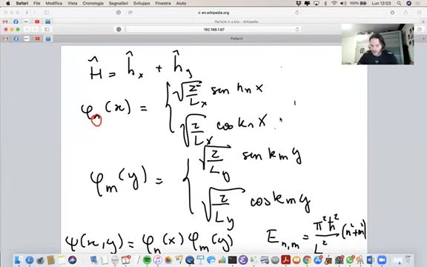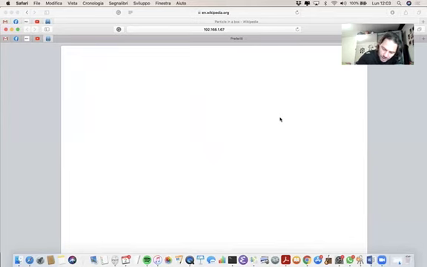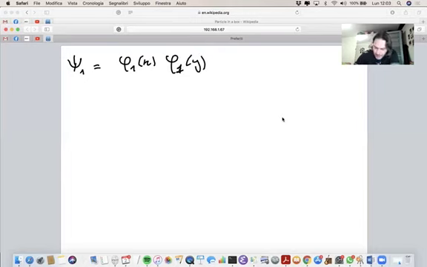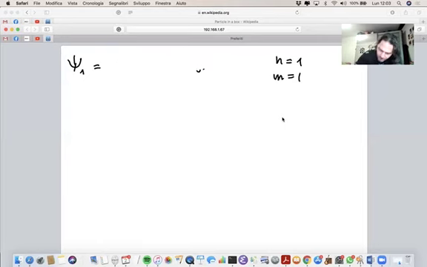For instance, the ground state of this system would be one in which both wave functions, the one with respect to x and the one with respect to y, are in their ground state. So this is n equal 1 and m equal 1, which will be like root of 2 over Lx, 2 over Ly, and then there will be a cosine of k1x and cosine of k1y.